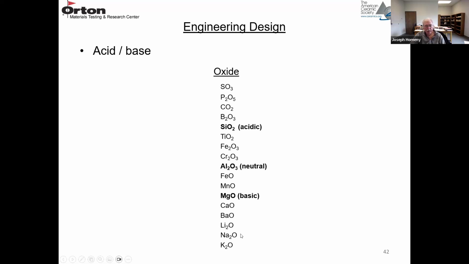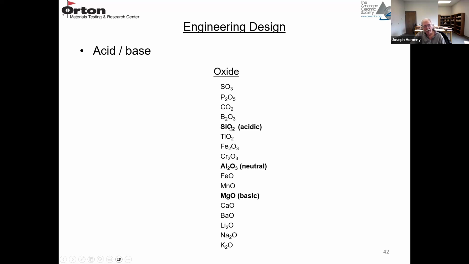It doesn't include a lot of the oxides that are present. But in this table, you can see SiO2 towards the top of the table. That's acidic. MgO is basic, towards the bottom of the table. And alumina and Cr2O3 are in the middle here. They tend to be more neutral.